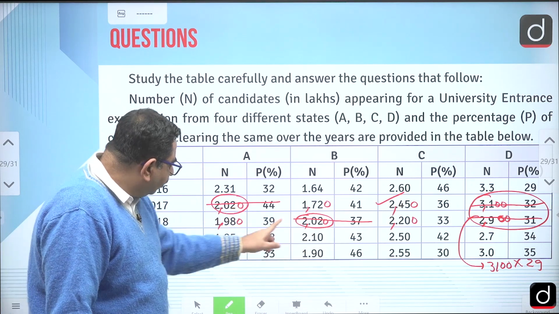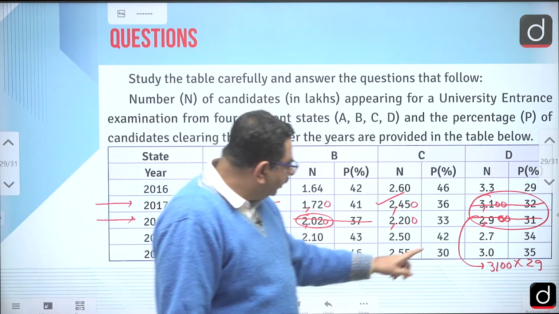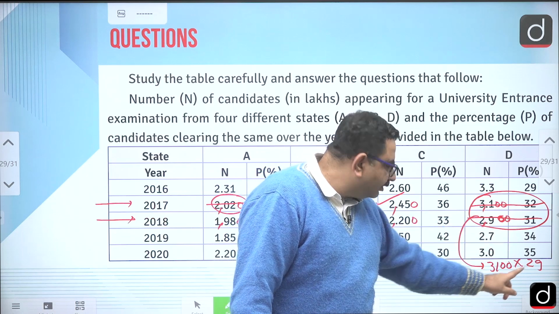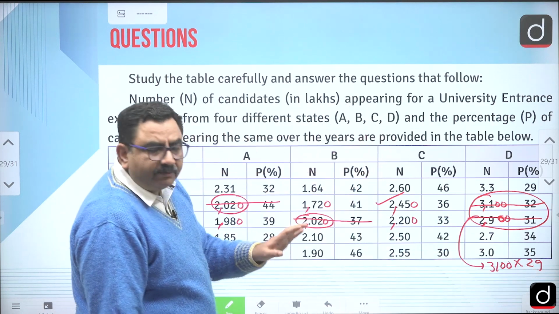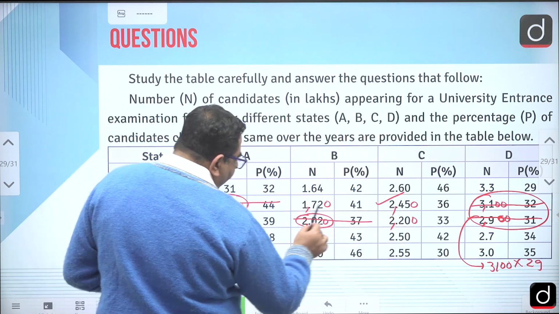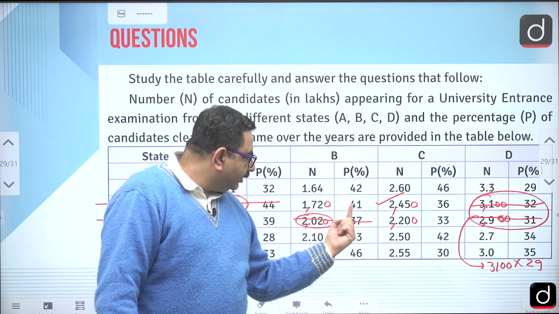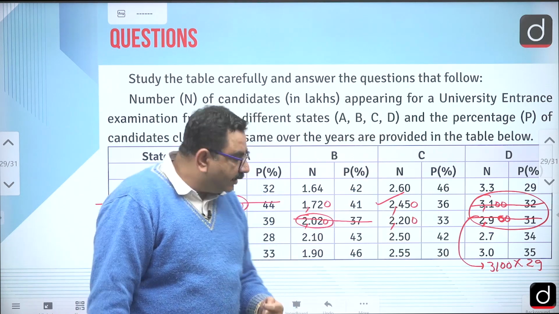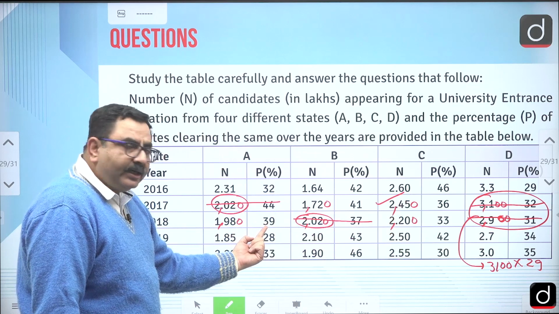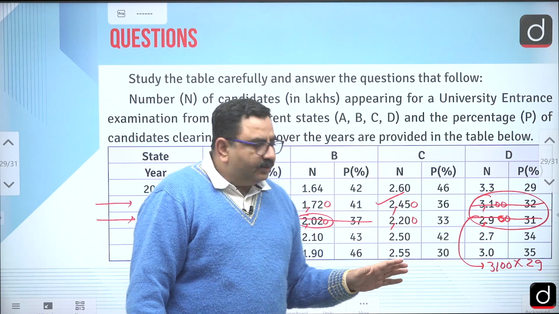So here I have got this 2020 same, then I have taken the difference. Here this we can write as 3100 into 29, and then we can easily take the difference. Rest of the data I have calculated by simplifying the number, like 41, 40 plus 1, 36, we can write 40 minus 4, this we can write 39, 40 minus 1, then 22, 33 is very easy to calculate, right?